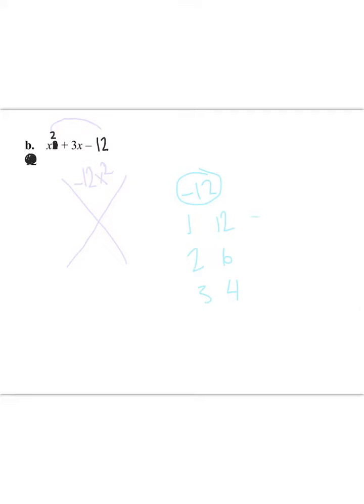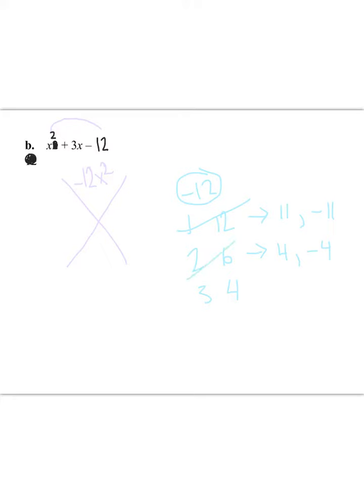Well, let's look at the first one. If I had a negative 1 plus 12, I would get 11. Or I could have a positive 1 plus a negative 12, and I would get negative 11. So it's neither of those. What if I had a negative 2 plus a 6? I would get 4. Or I could have a negative 6 plus a 2, which is negative 4.